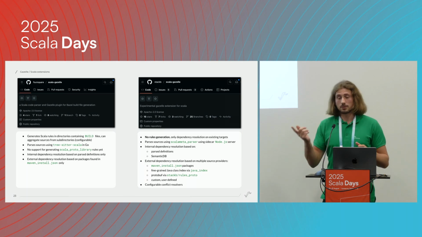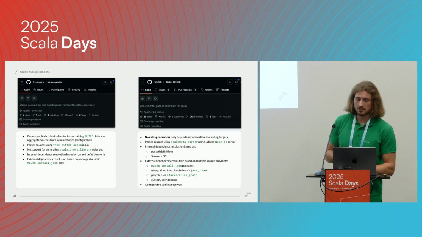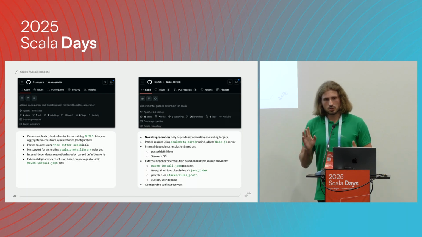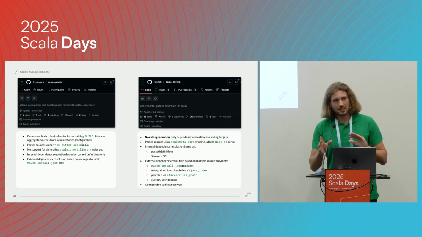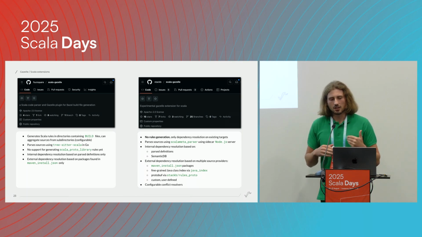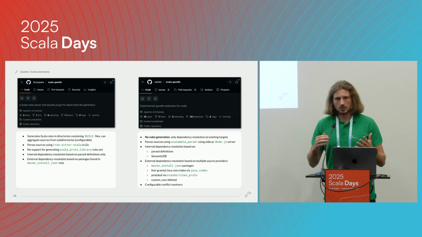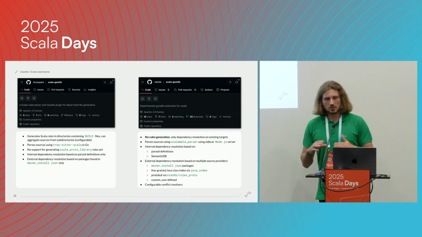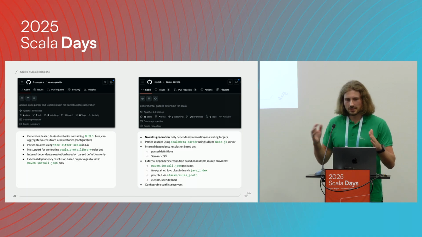There is also the second one made by StackB. This one has existed for years already. It's using a bit different approach. However, it is a bit crooked. It is not able to create Scala libraries, no new rules. However, it has a bit more complex and advanced logic for resolving dependencies.